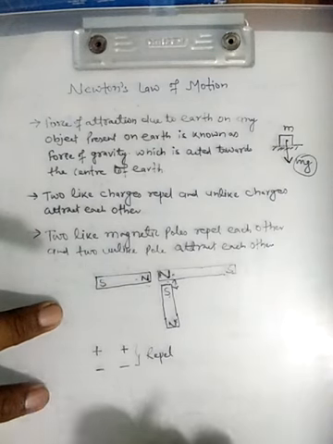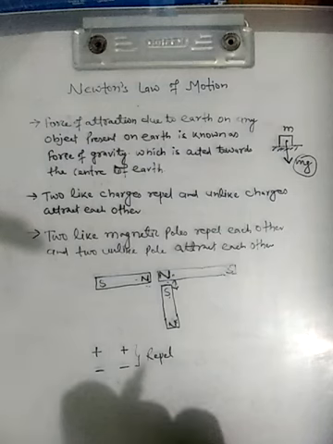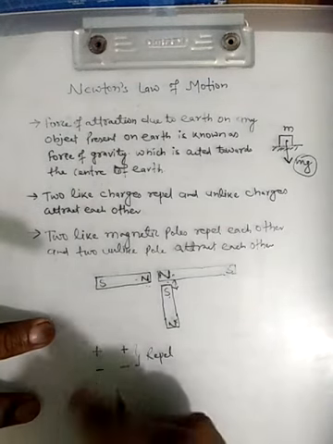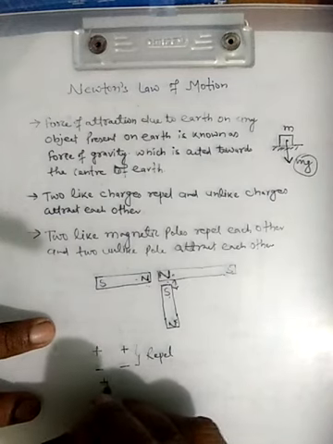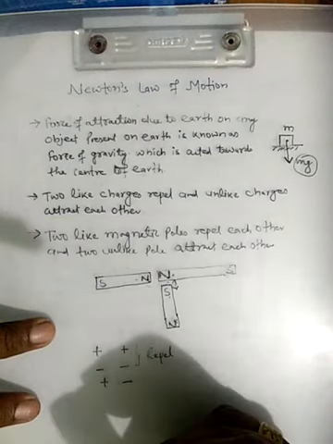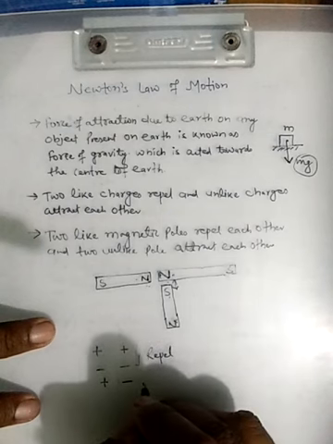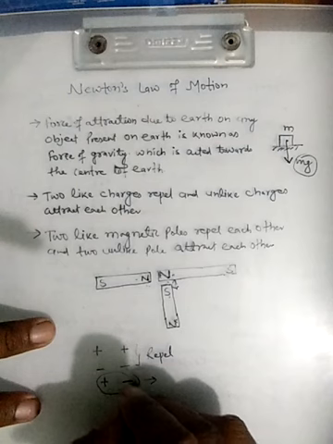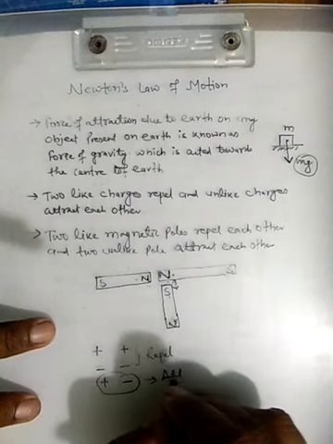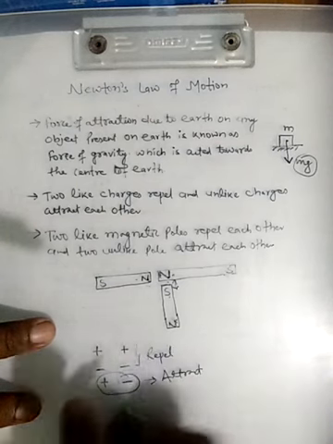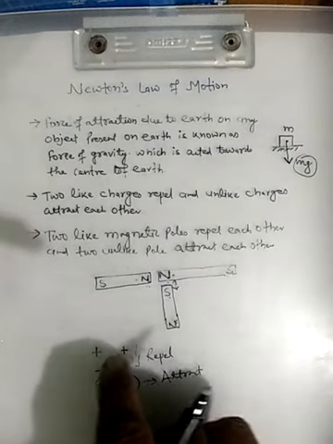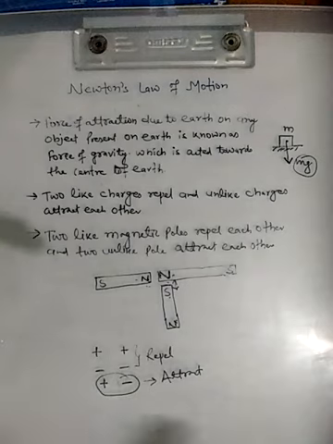If one is plus and the other is minus, that is unlike charges, then these charges attract each other. There is an attraction force acting between unlike charges and a repulsion force acting between similar charges.